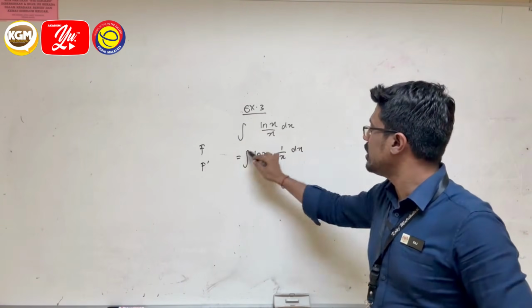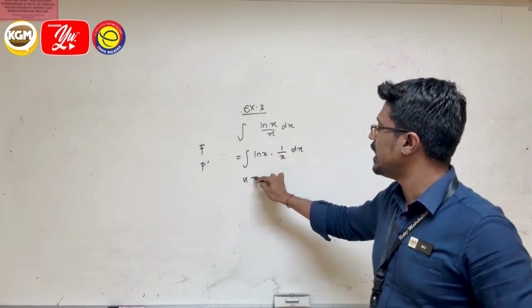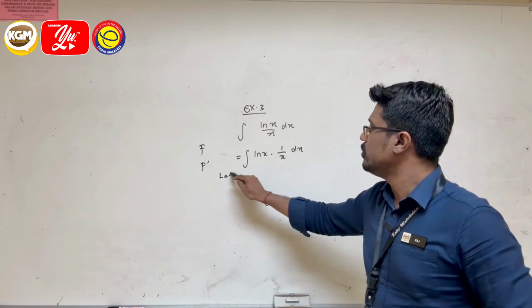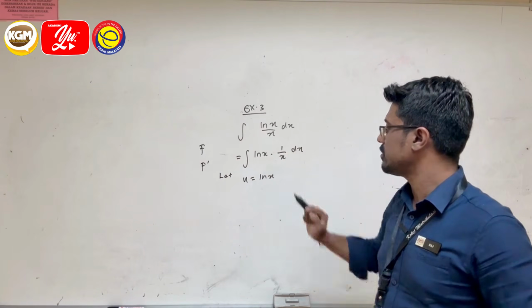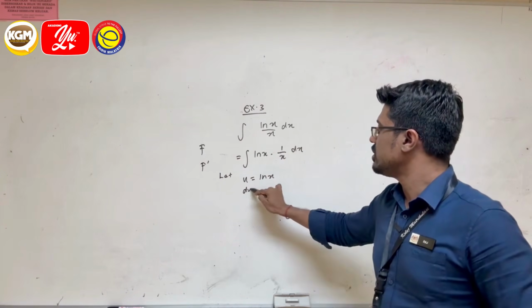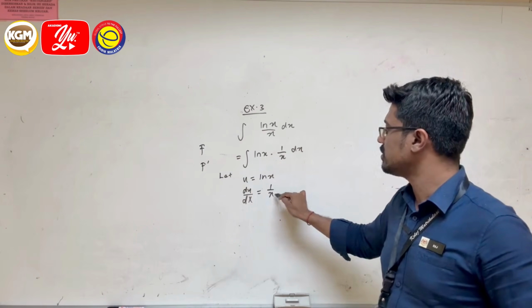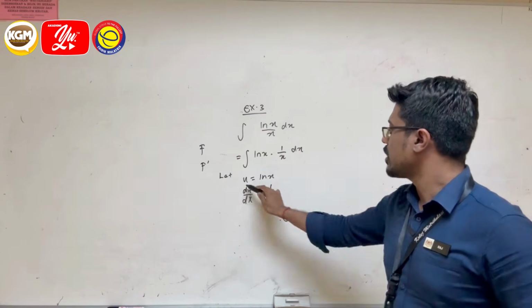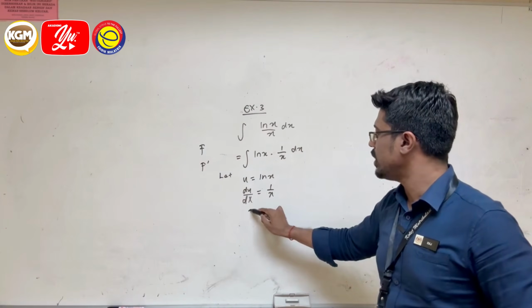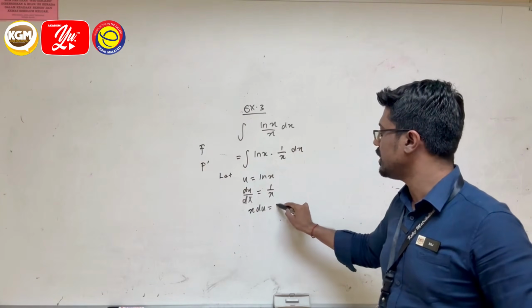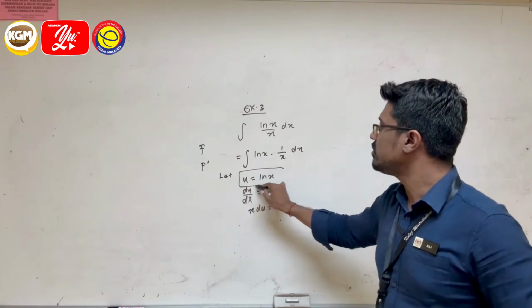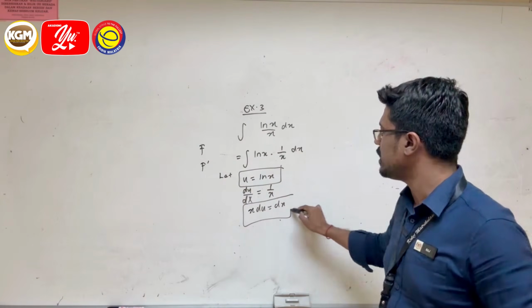Next, we want to turn all this into u. So I need to let u be ln x. I differentiate this because I want to know what my dx is. So du over dx is going to be 1 over x. I can cross multiply, so x du is equal to dx. This is the substitution I need to make.